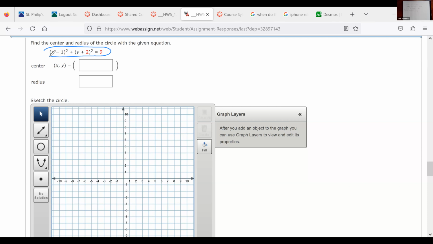So reading this, can you tell me the center? Oops, that should be h.